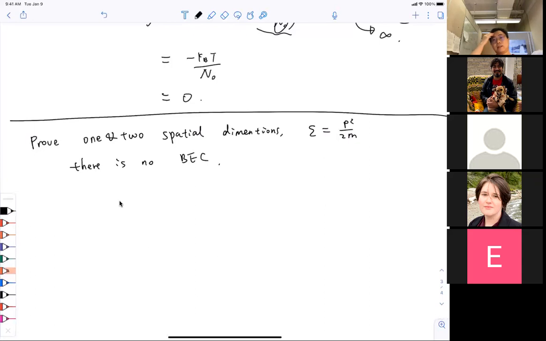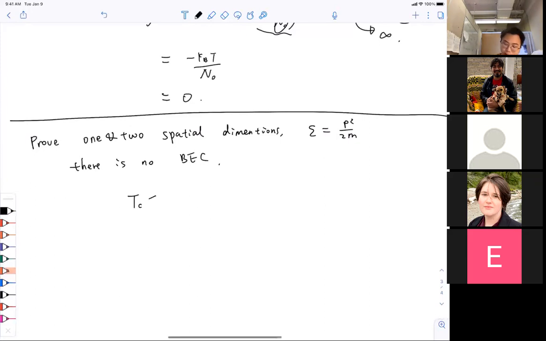To show that, first you need to know how to approach this problem, right? Before you start doing any calculation, you should have a brief idea of how we would approach it. What we will do is calculate the TC. If you get a reasonable TC, that means there's a BEC.